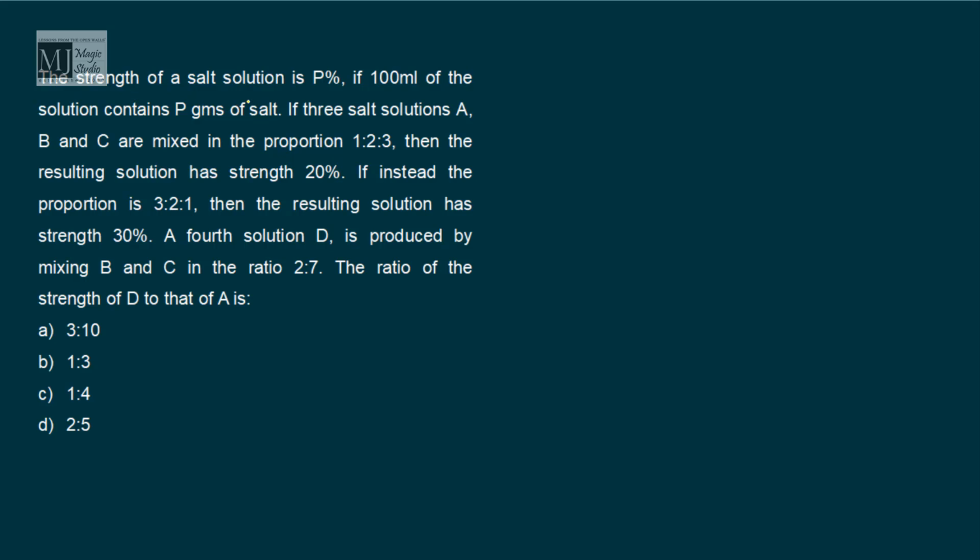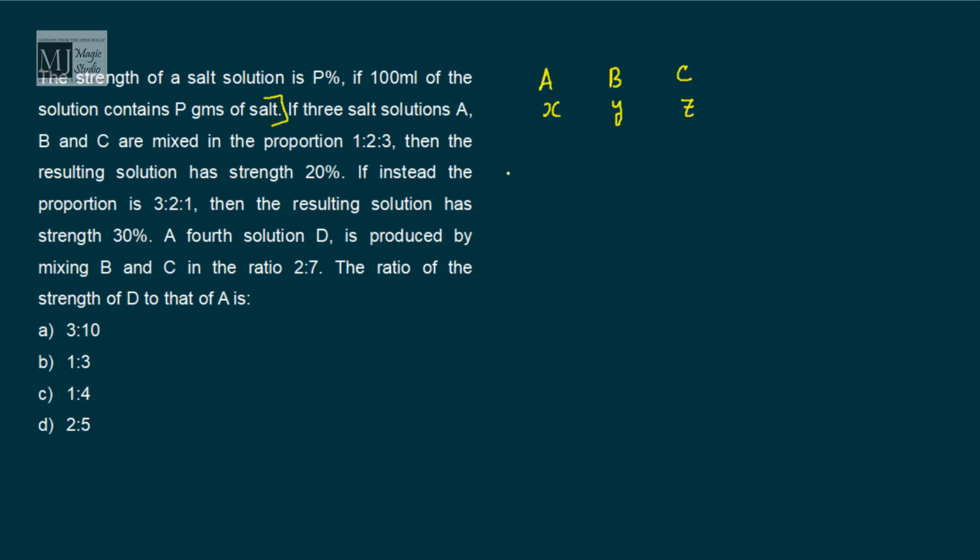The strength of a salt solution is p% if 100 ml of the solution contains p gram of salt. If 3 salt solutions A, B, C are mixed in the proportion 1:2:3, then the resulting solution has strength 20%. Let us take the strength of A be x percent, B be y percent, and C be z percent.